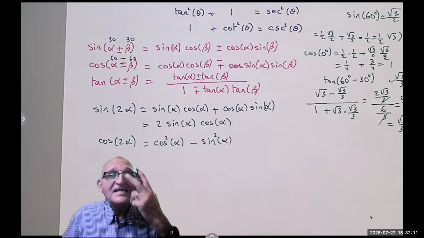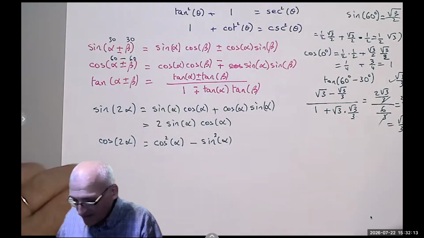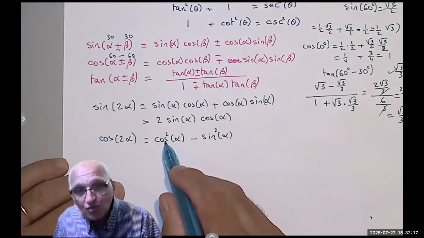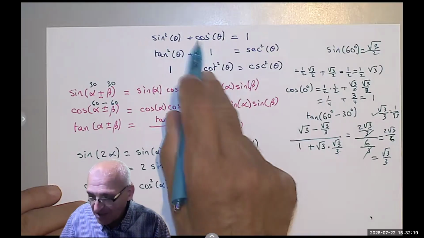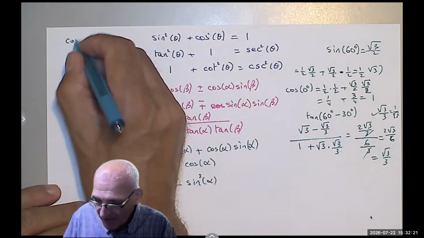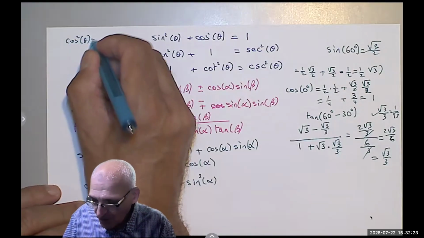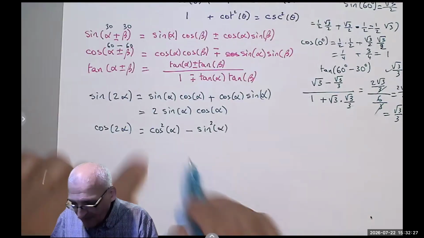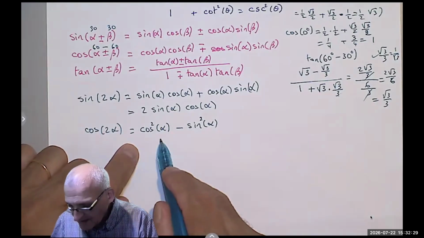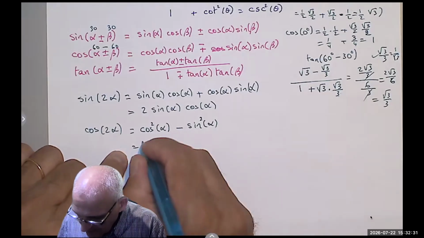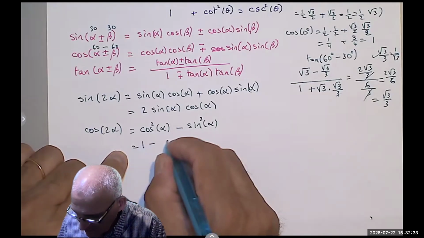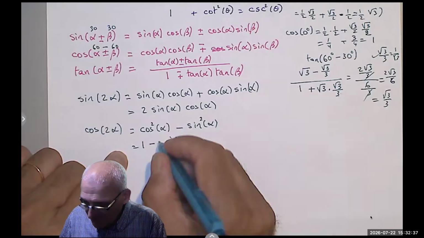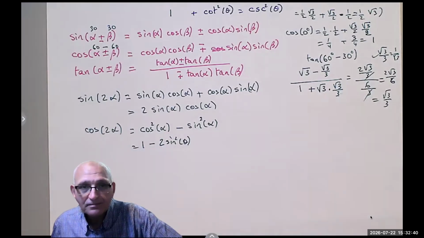This can be written in 3 different ways, like this. Remember from this equation, cosine square theta equals 1 minus sine square theta, right? So if I write this as 1 minus sine square theta, minus another sine square theta, that becomes 1 minus 2 sine square theta.